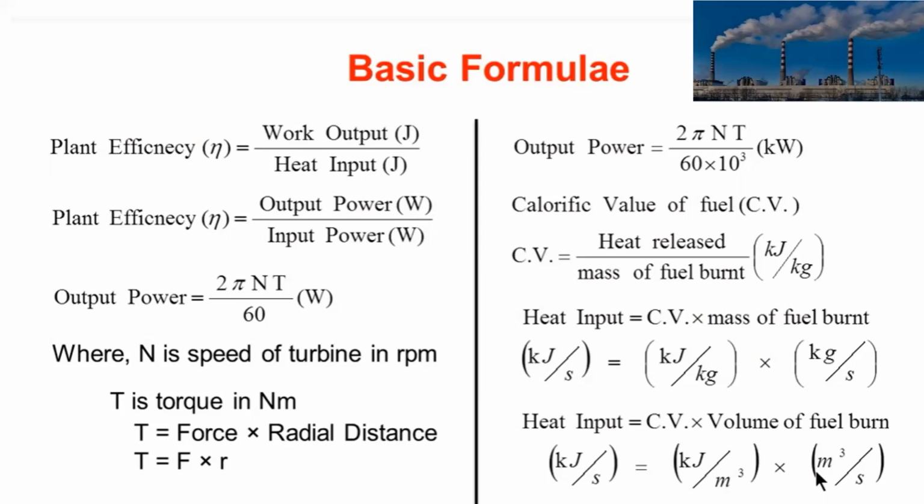Calorific value of fuel, this you just note down. Calorific value is equal to heat released from the fuel divided by mass of fuel burned. Heat released is in terms of kilojoules and mass of fuel burned is in terms of kg. So calorific value means the heat contained by the coal, and this can be found out with the help of heat released divided by mass of fuel burned.